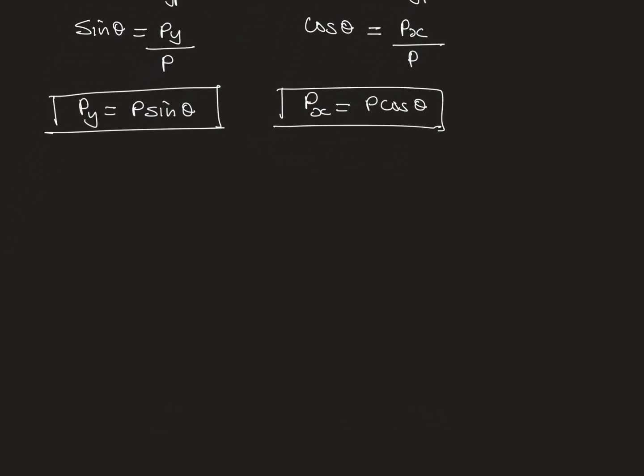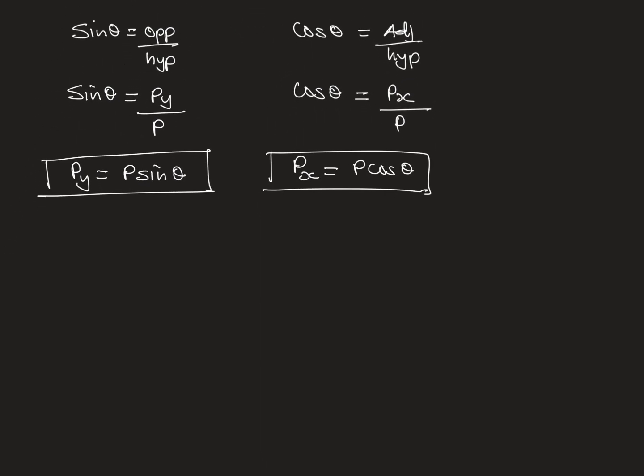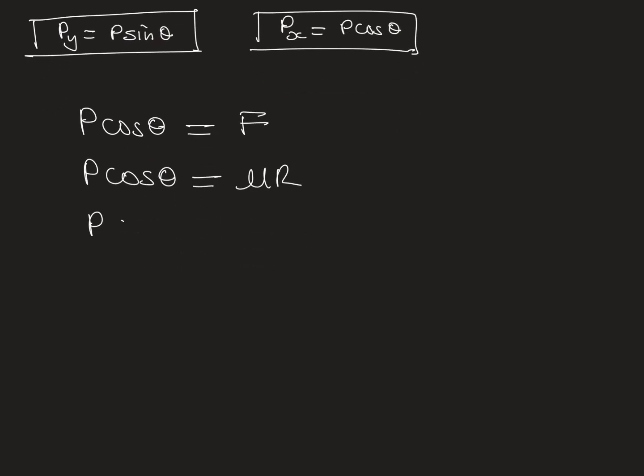If this body is in a state of limiting equilibrium, then the horizontal component of the applied force, P cos theta, must be equal to the frictional force. So P cos theta is equal to mu R, and R is mg minus P sine theta, which we have already derived.